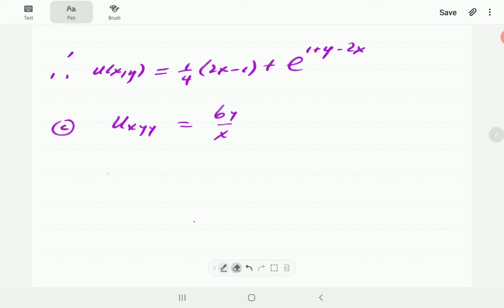So if we integrate once with respect to y, then the left hand side is going to be uxy. On the right hand side, integral of 6y is going to be 3y squared. The x remains the same because we treat it like a constant.